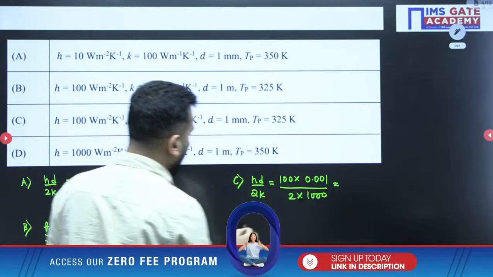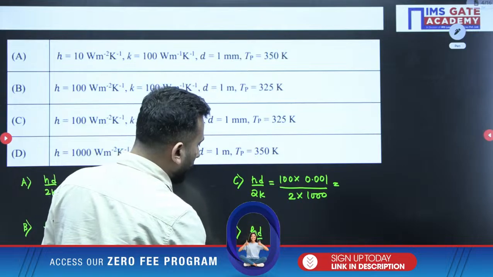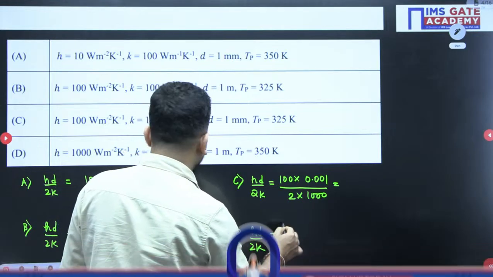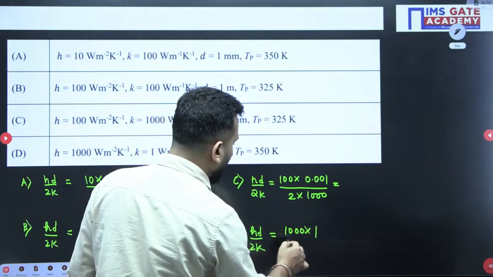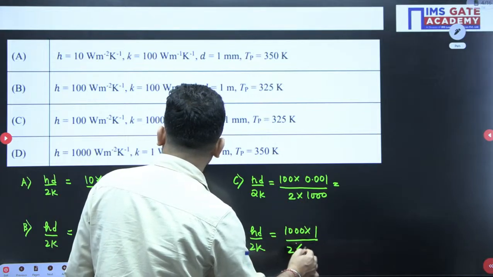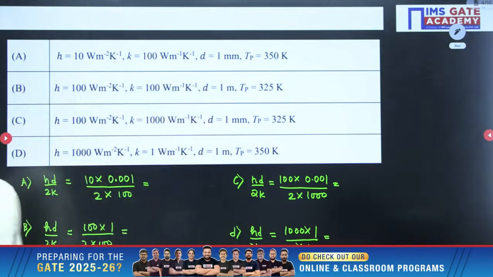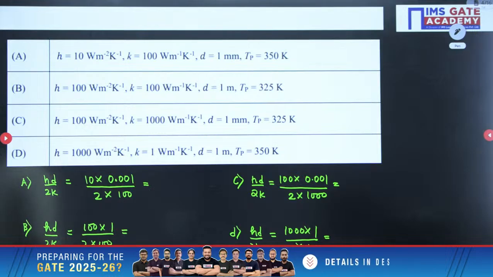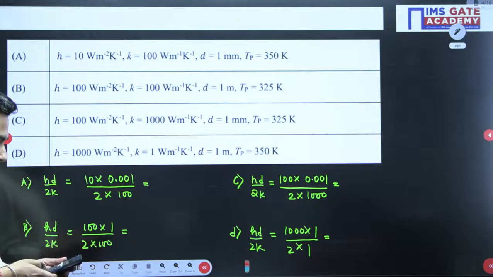This will give me some value. And finally, HD by 2K with H value 1000, D value 1 meter, and 2 into K value 1. This will give me some value. So one by one we are going to check the HD by 2K values.